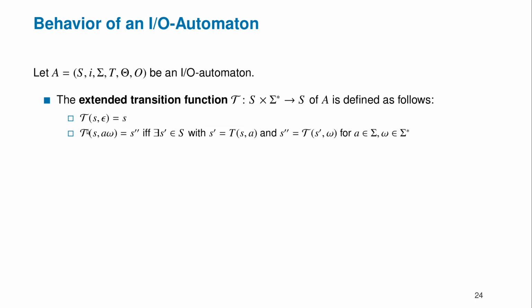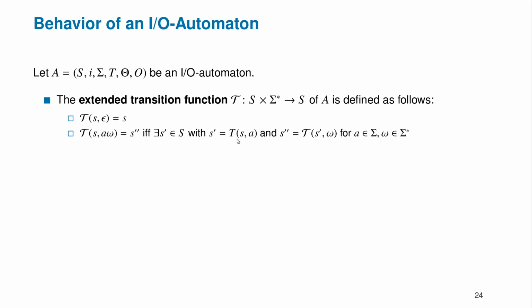If we have such an S and an A omega, then the result is S double prime if and only if there is a state S prime, such that S prime is reachable from S in one step when reading an A. So here I use the original transition function.